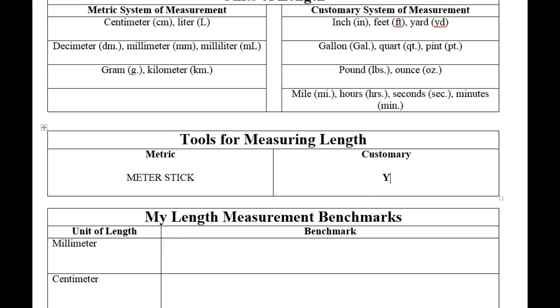For customary, you have the yardstick. You have a ruler. You can have a tape measure. Can I use a ruler and a tape measure for metric? Yes, you can. Doesn't a ruler have centimeters and inches on it? Sure.